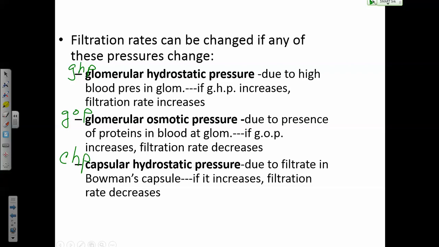The higher it is, the more that would decrease filtration because that would push fluid back into the glomerulus. That normally doesn't get high because that fluid is going somewhere. It goes into the proximal convoluted tubule to relieve it. So of these 3 pressures, only one favors filtration, and that's the glomerular hydrostatic pressure. The other 2 oppose it. Does that make sense?